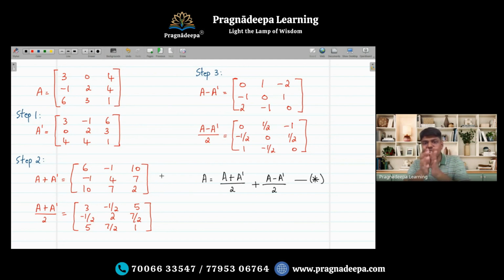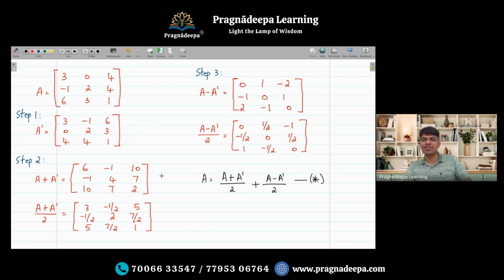A. A plus A dash became symmetric, A plus A dash by 2 became symmetric. In step 2 you can see A minus A dash became skew-symmetric, A minus A dash by 2 became skew-symmetric. When I add A plus A dash by 2 and A minus A dash by 2, we got our matrix A. That means any matrix can be written as a sum of symmetric and skew-symmetric matrix.